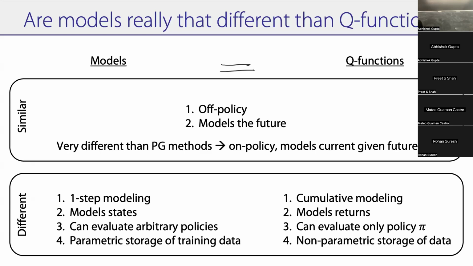Q functions keep around your replay buffer, so it's non-parametric storage: you keep S, A, S prime in a big buffer of data. That's how I think about the differences. They're both interesting. I think Q functions have less compounding error, models have more generality, and I'll try to talk about some of our work that tries to bridge the gap.